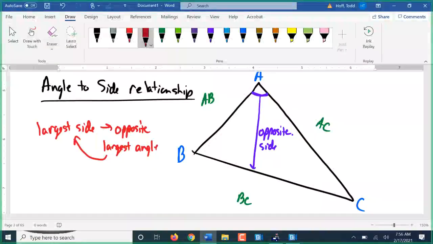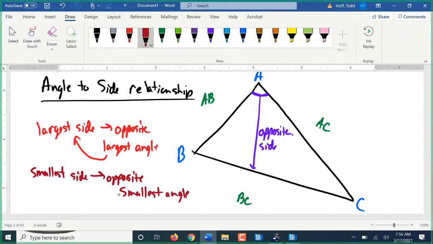And of course, if that's true, then the smallest side must be opposite the smallest angle. The smallest angle is also opposite the smallest side.